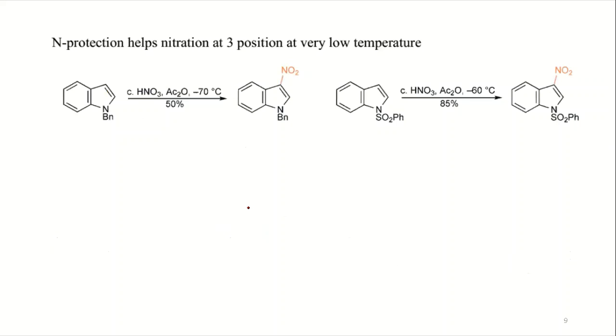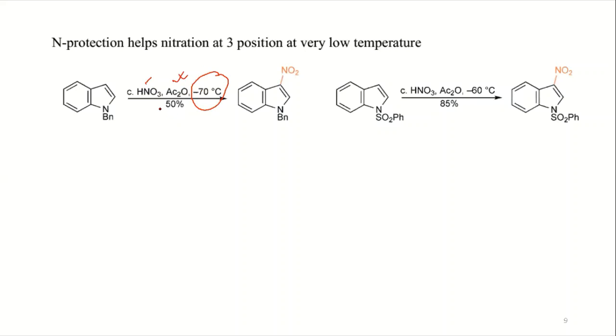Now N protection helps nitration at the 3 position at very low temperature. Okay, now if you still want to use the acid, you can have nitration at the 3 position. In that situation, you have to use low temperature and an anhydride.